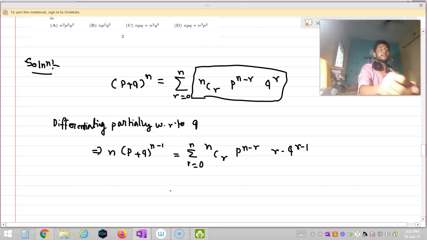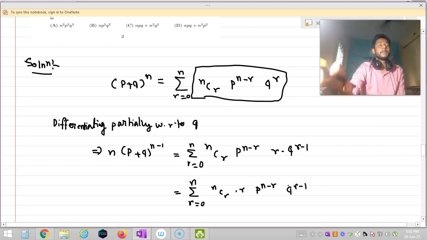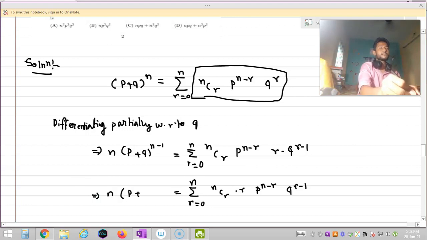So I can write it as the summation of nCr r p^(n-r) q^(r-1), and the left hand side is n(p + q)^(n-1), right?